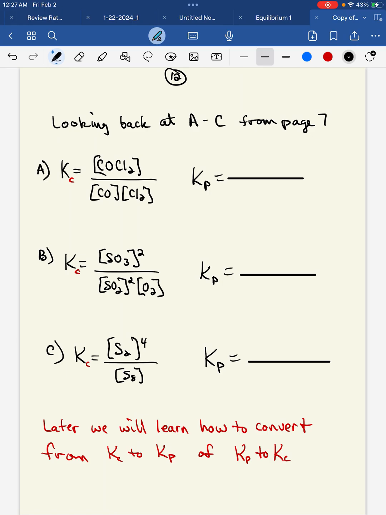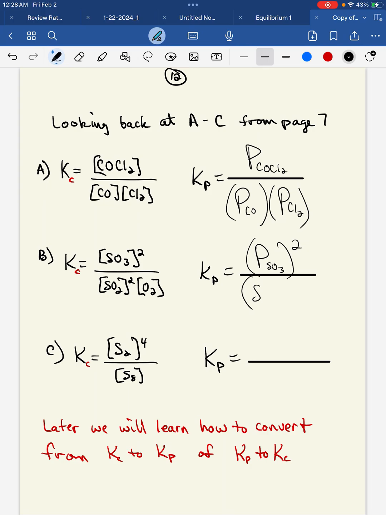So instead of what's written there for A, we would have P, and for letter B, and for C, and at a later time we will learn how to convert between Kc and Kp. But for now, let's pretend we don't have to worry about that.